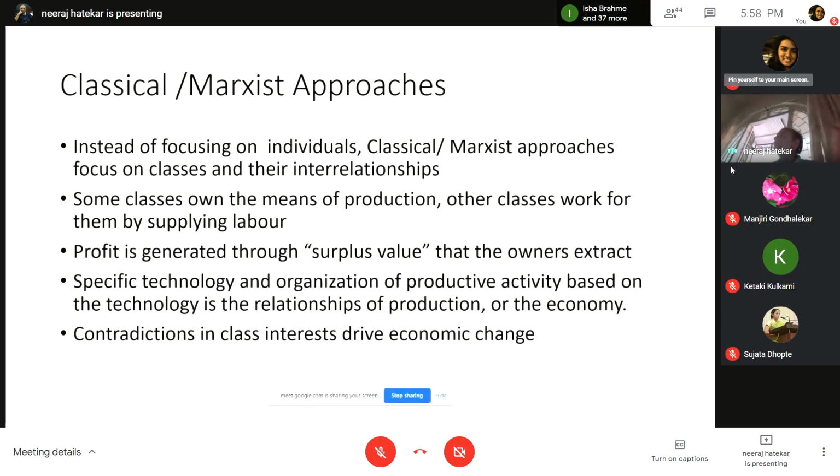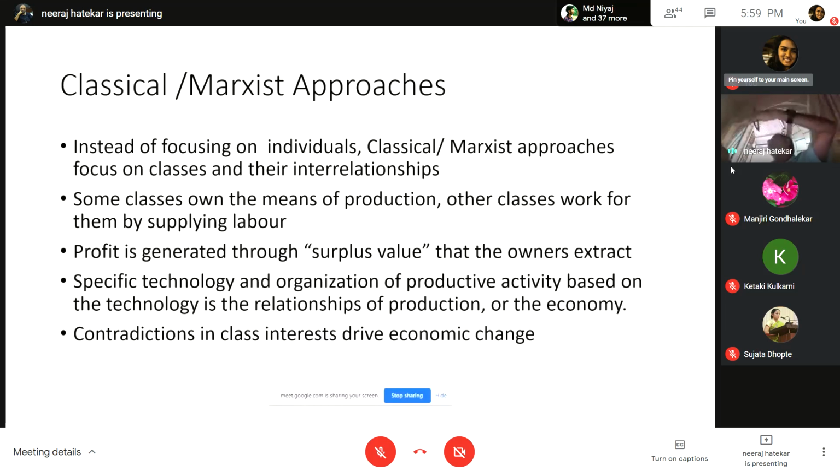For example, if you look at classical political economy, at Smith and Ricardo, you have classes, you don't have individuals. Individuals step in with Marshall, when Marshall begins to look at microeconomics, at individuals maximizing utility and satisfaction. But before that, there are classes, and these classes have a certain relationship with each other.